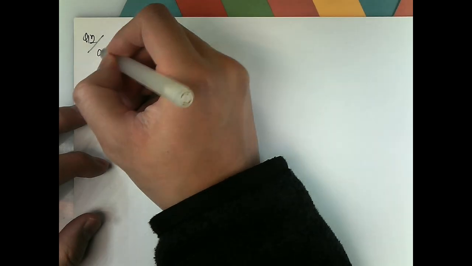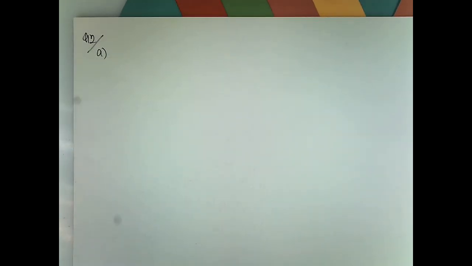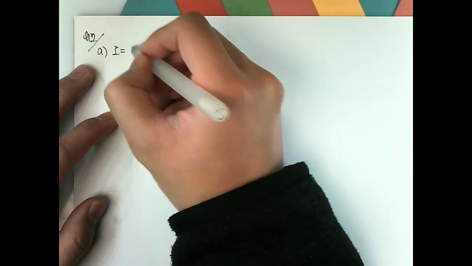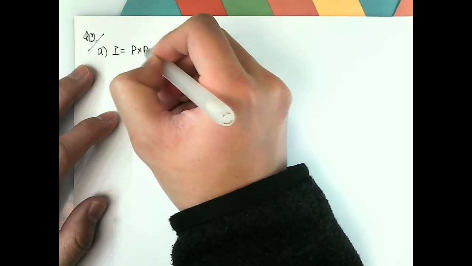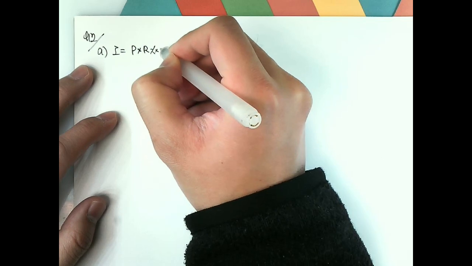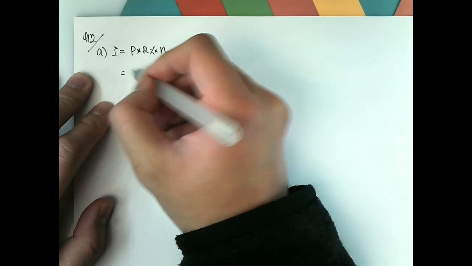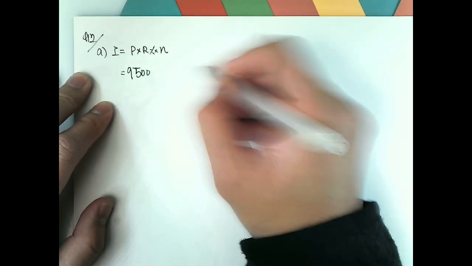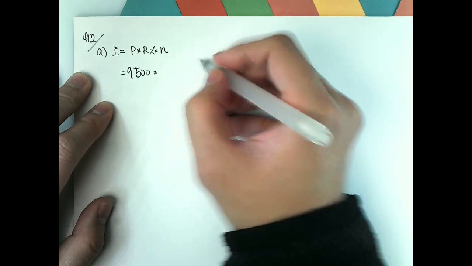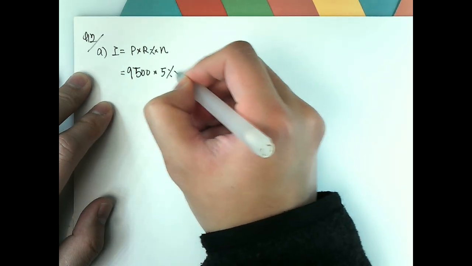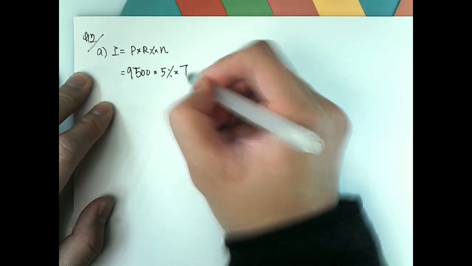Part A, simple interest, right? You have to find interest, but simple interest. For simple interest, you have what? You have the I formula, okay? I formula: P times R percent times T. T here, you make it N, the same thing, understand? So the principal, 9,500, okay, times 5% times how many years? 7 years, understand?